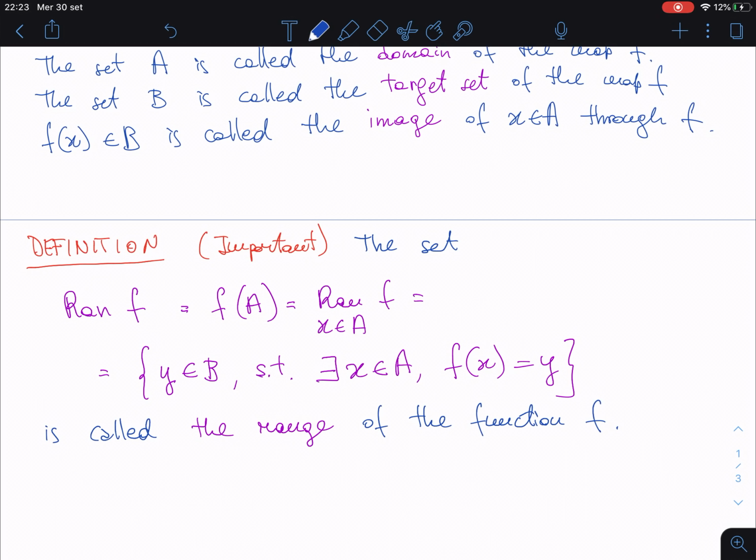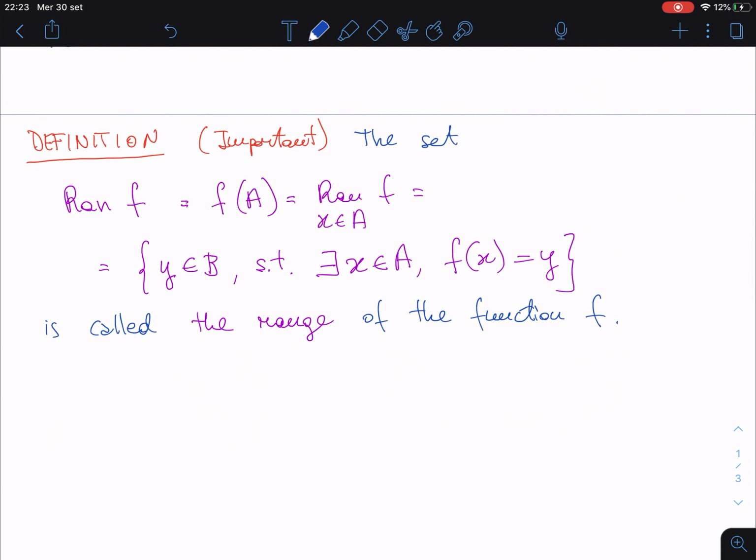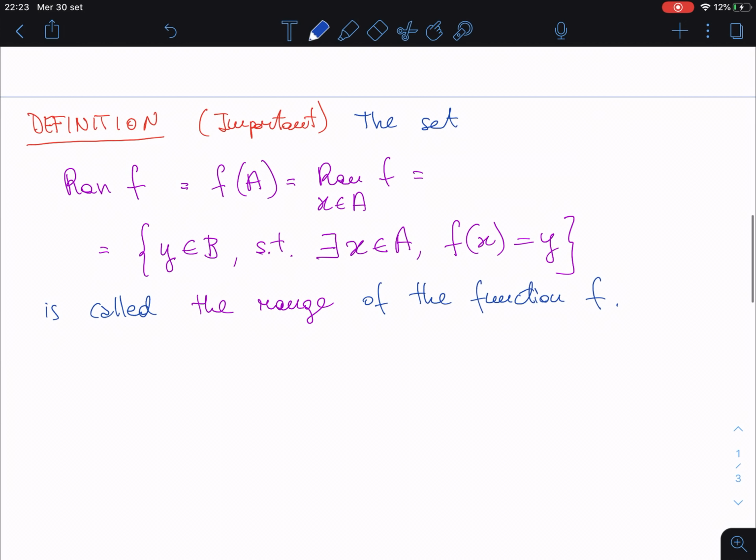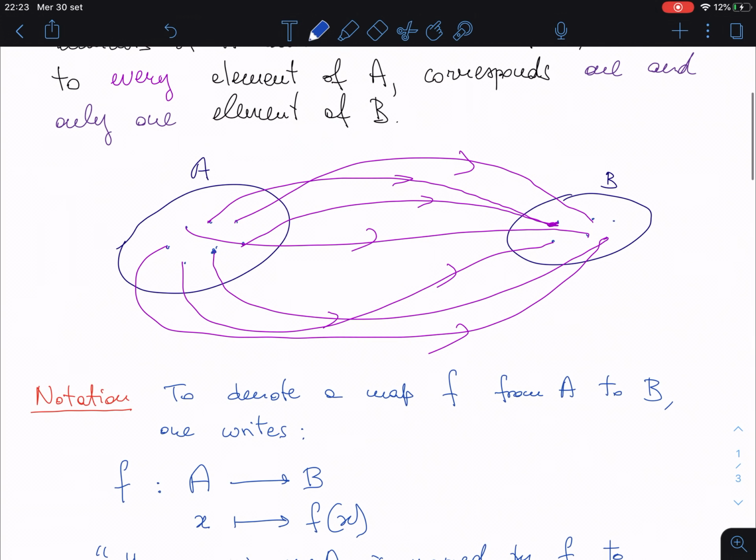Okay? So as I told you, this definition is very, very, very important. But what does it mean? Because perhaps most of you did not understand it through these symbols. It means the following. Consider the previous picture.